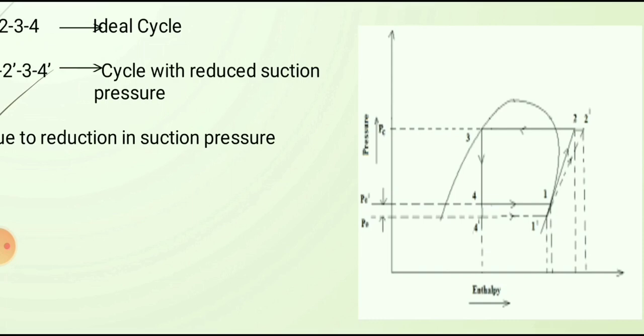And due to the increase in heat rejection, we have to increase the size of the condenser. If we talk about the evaporation process, in the evaporator the refrigeration effect decreases from H1 minus H4 to H1 dash minus H4 dash, because H4 is equal to H4 dash, and so the decrease will be equal to H1 minus H1 dash. Clear?